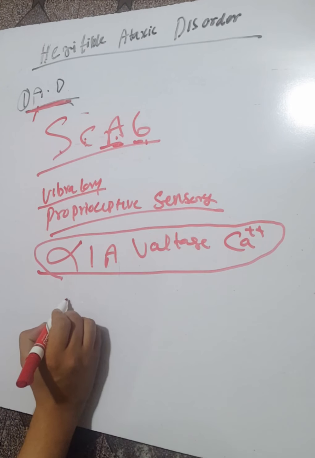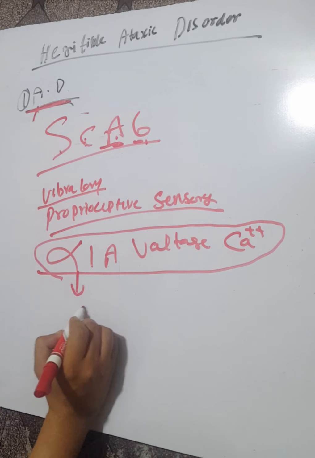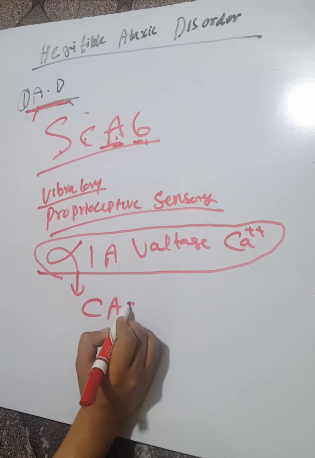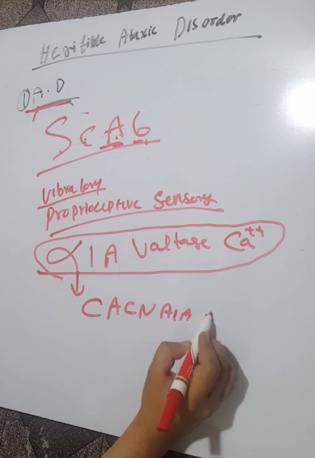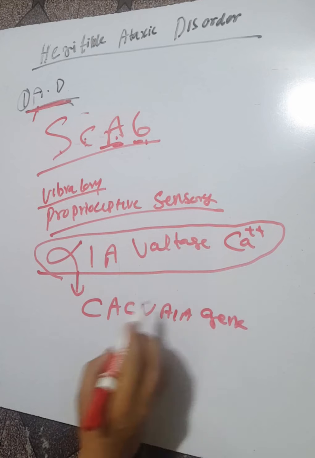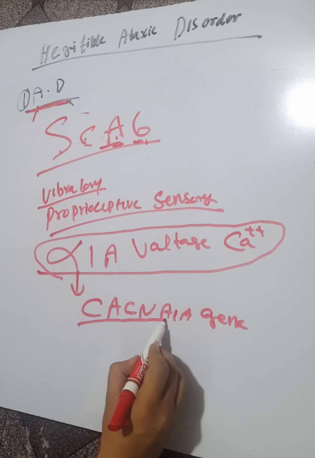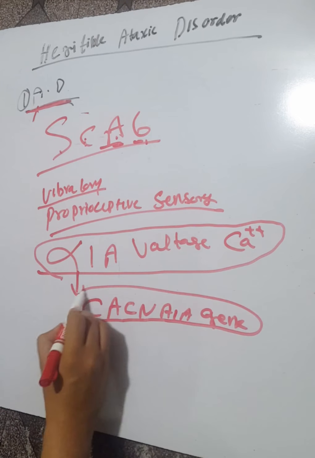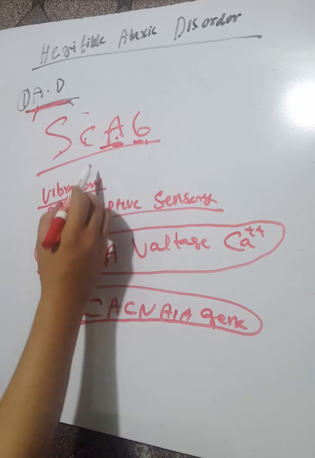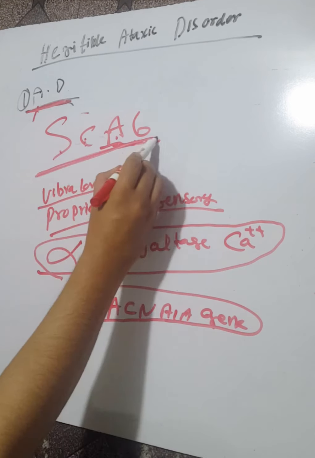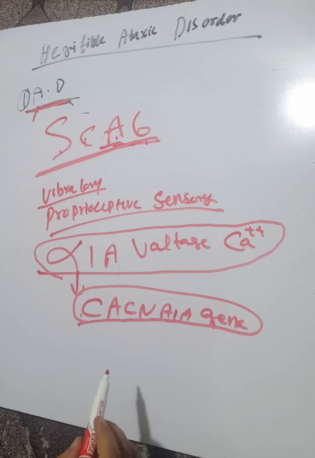This is also called the CACNA1A gene mutation in the disease SCA6, spinocerebellar ataxia 6.